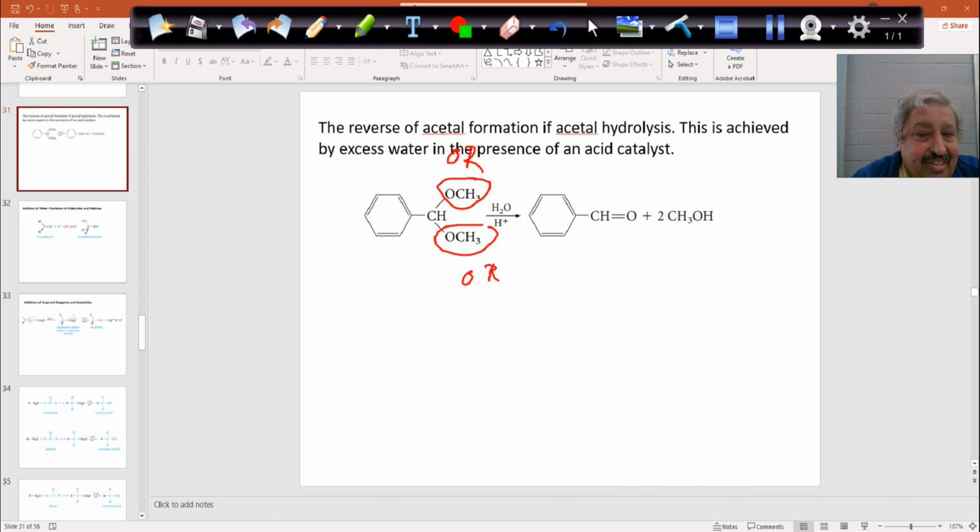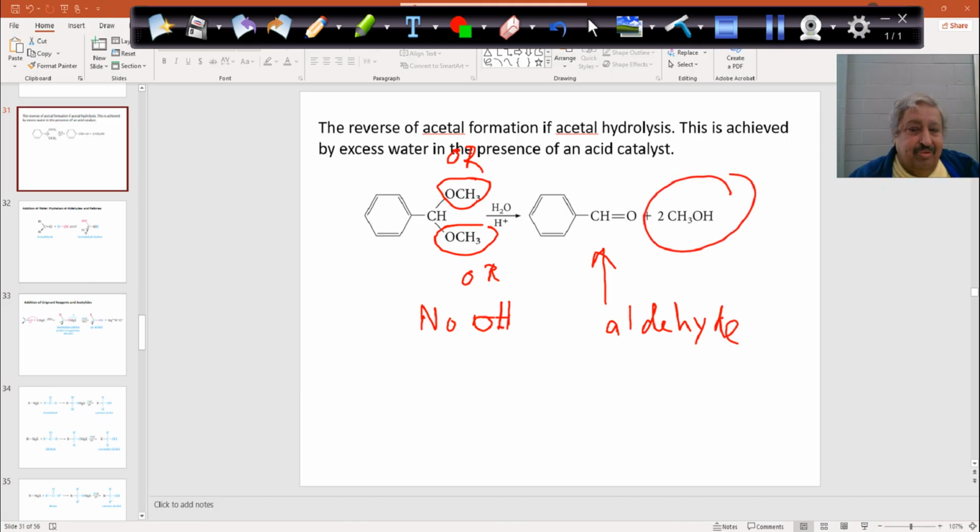Yes. This coming OR, no OH here, no OH. So can I take this one here and put it back in? Yes. That will be what? That will be an aldehyde. Correct? Plus methanol, 2 methanols.